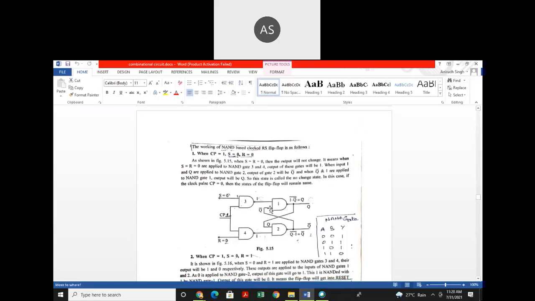And this is the NAND based clocked SR flip-flop. When S and R both are 0 and the clock pulse is 1, at the outputs of the first two NAND gates we get 1 and 1.